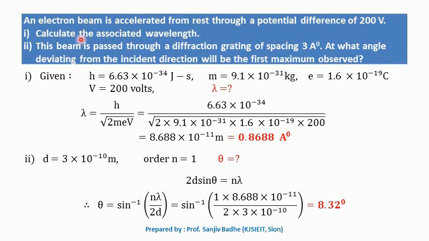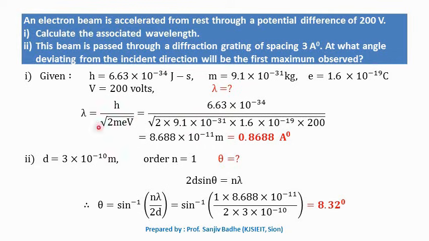So the wavelength can be easily calculated by using the de Broglie relation, which is given as lambda is equal to h upon p, that is h upon square root of 2meV. So here V is given as 200 volts, e is the charge on the electron, that is 1.6 into 10 raised to minus 19, m is the mass of the electron, that is 9.1 into 10 raised to minus 31 kg, h is Planck's constant 6.63 into 10 raised to minus 34 joule second.